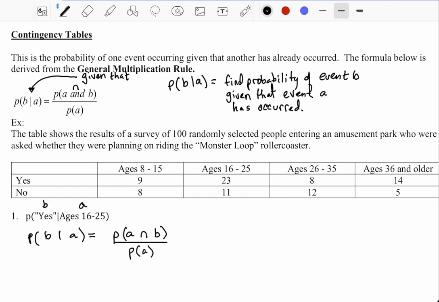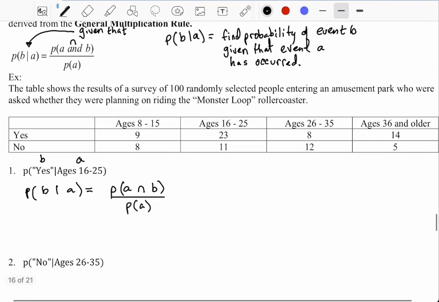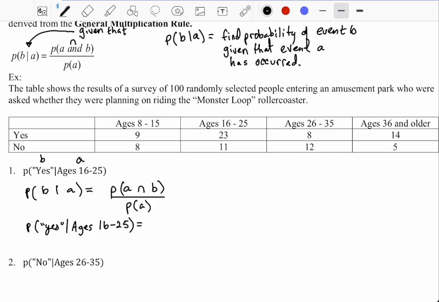All right, so if I follow this model using their definition of B and A, I would come up with the probability of yes given ages 16 to 25 would be equal to the probability of yes and the ages 16 to 25 divided by the probability of getting a person who is in the age group of 16 to 25.